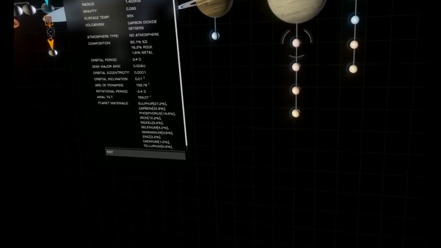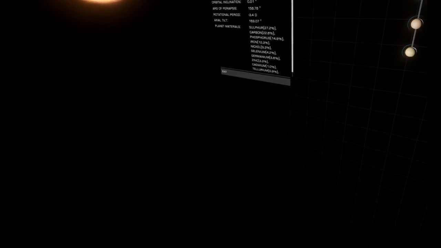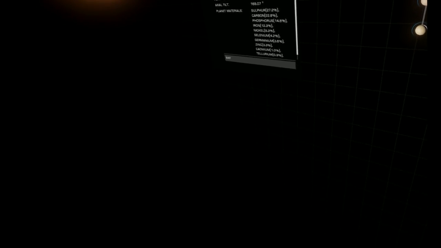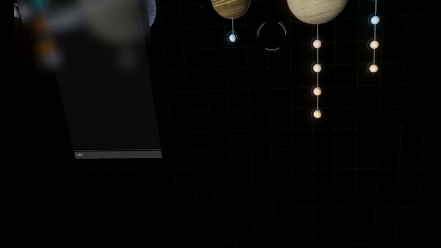Planet 7A has germanium, which we are searching for.